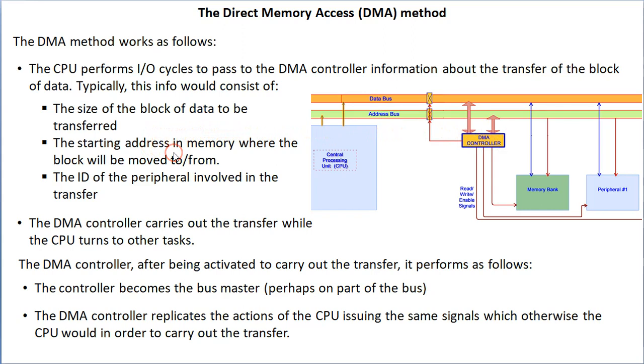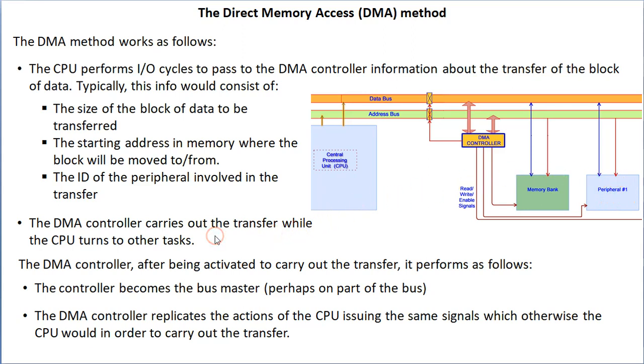First, it needs to tell the DMA controller what is the size of the block of data to be transferred. Then, it also must specify the starting address in memory where the block will be moved to or from. And also it has to specify the ID of the peripheral, which one is the peripheral that is involved in the transfer. This is typically the at minimum required information to specify the transfer.